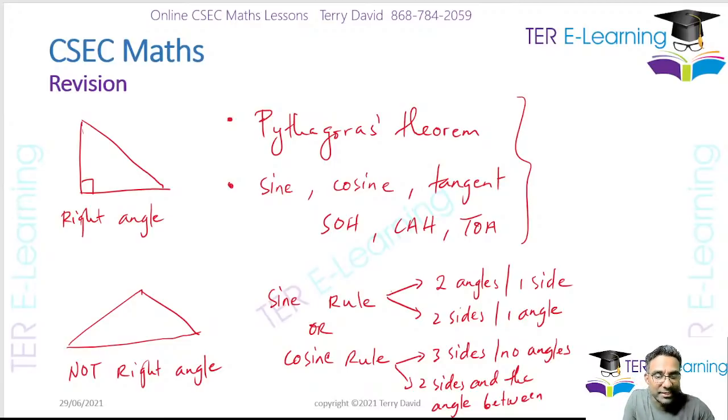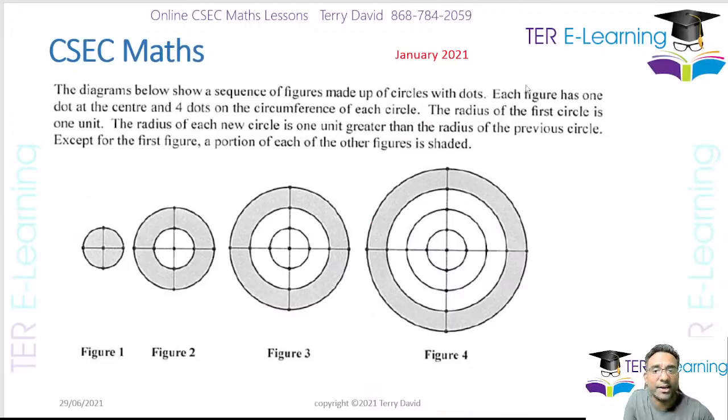The question I'm going to look at here is the one that came in the January 2021 paper. So this is one of the investigation type questions. The diagrams below show a sequence of figures made up of circles with dots.